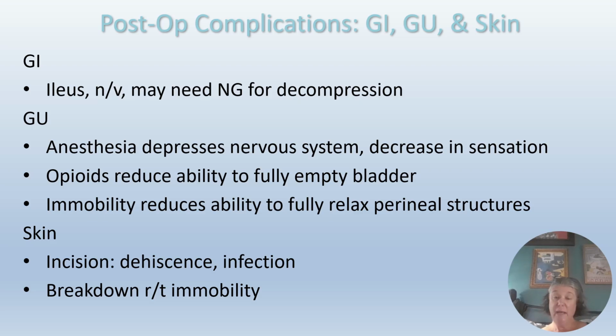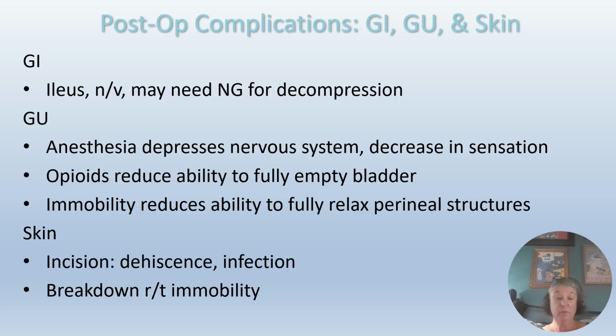So my person may not be able to pee, right? Also, immobility works against the muscles returning to normal function. So the quicker I can get my person up and moving, the better chance all of the muscles have of going back to normal. Okay.